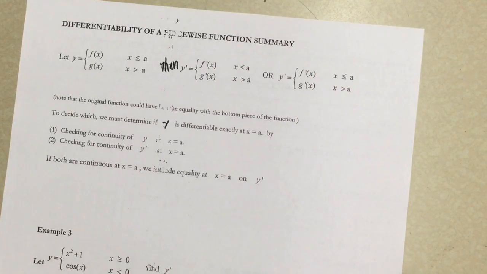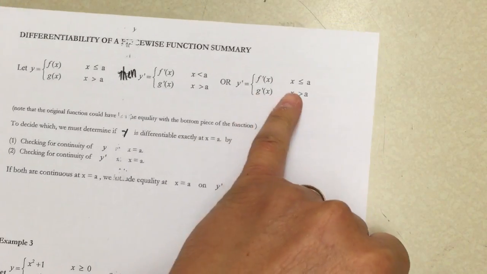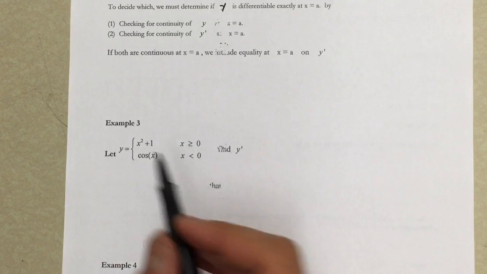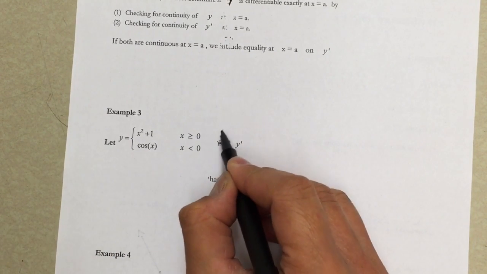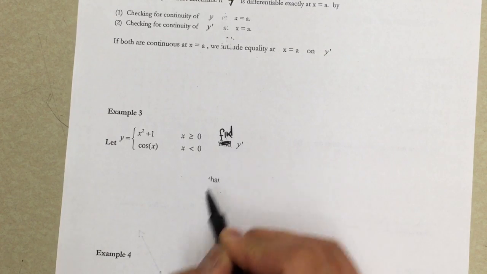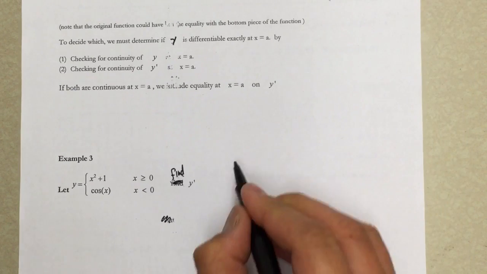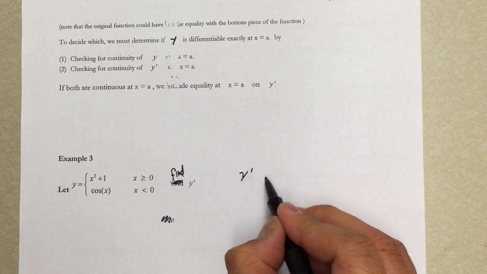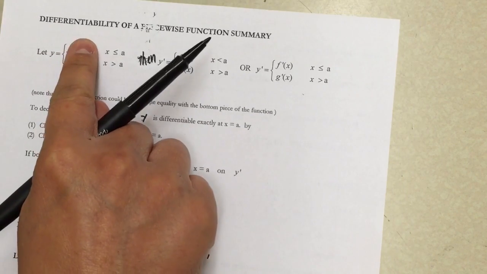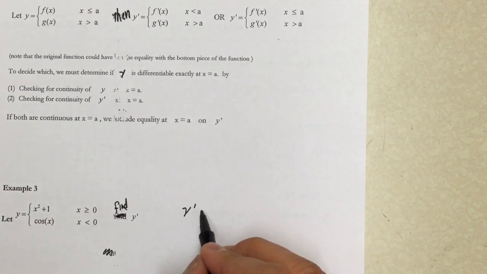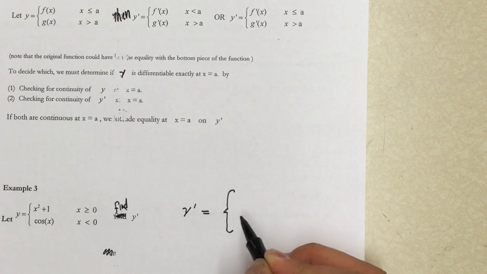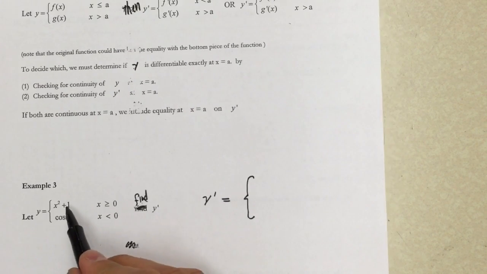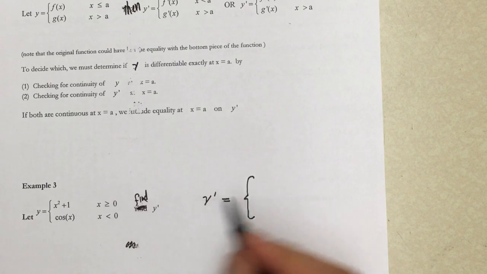Let me show you how easy it is to determine whether or not we should include the endpoints. So here is my piecewise function. I want to find the derivative function. All right. So y prime, according to this differentiability summary, I know that y prime of my piecewise function can be found by taking the derivative of each one of these pieces separately.